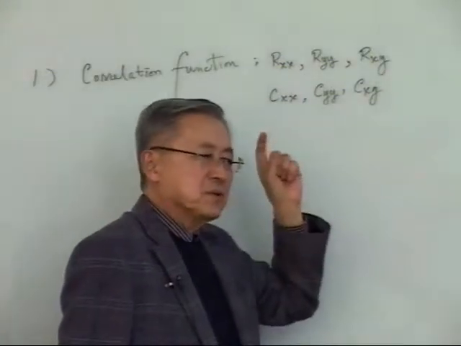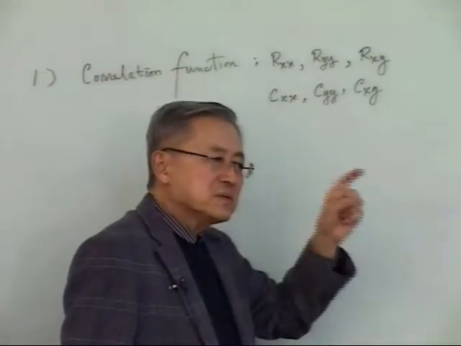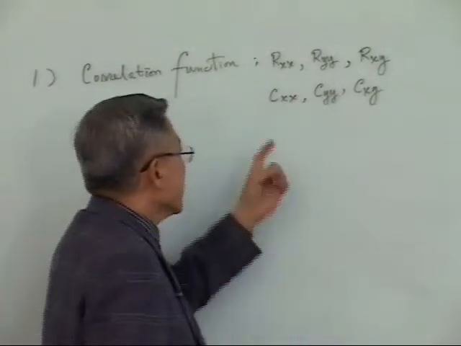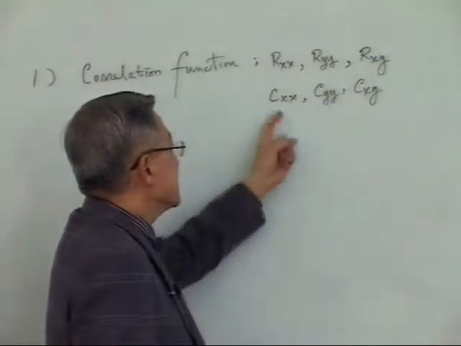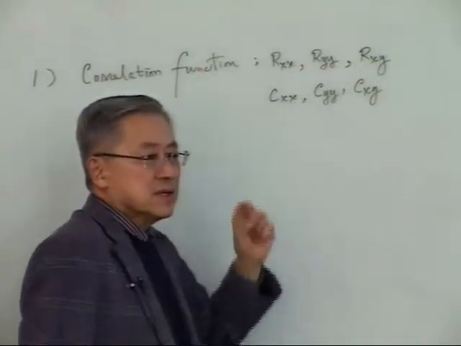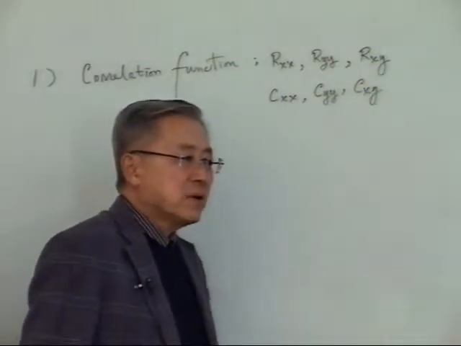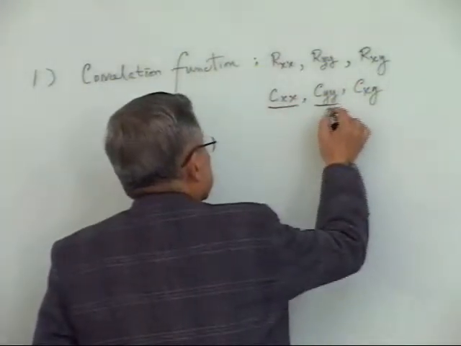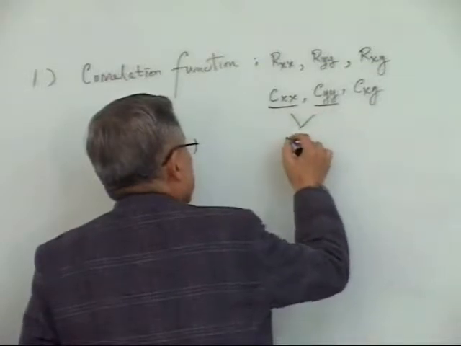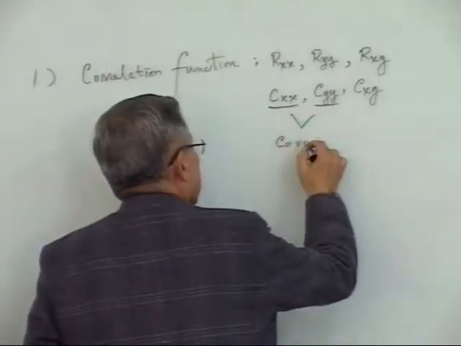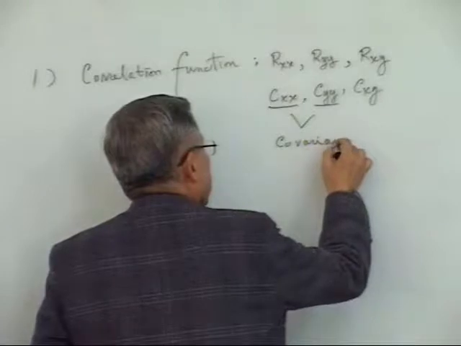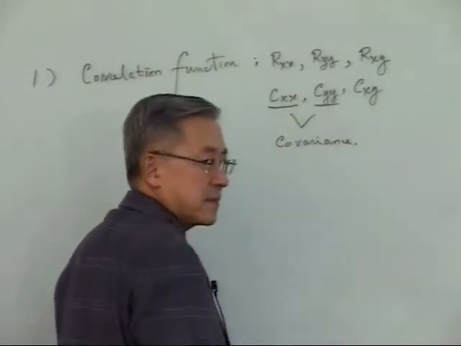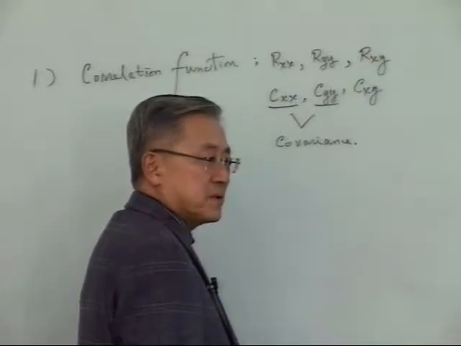Of course, I'm going to review quickly the one we did last Friday, then move on. Okay? Because if I lose you here, then I'm going to lose you forever, which is bad. And the C: CXX is called covariance. I'm not sure whether I covered this or not. It's called the covariance function.